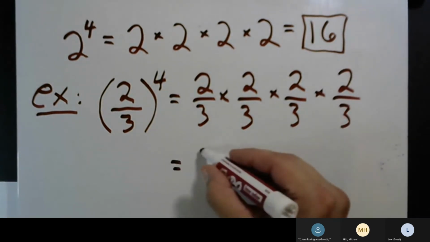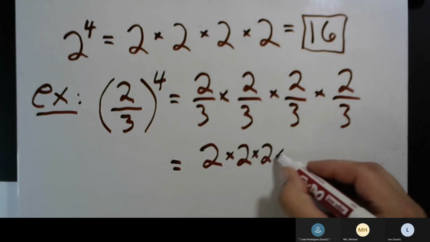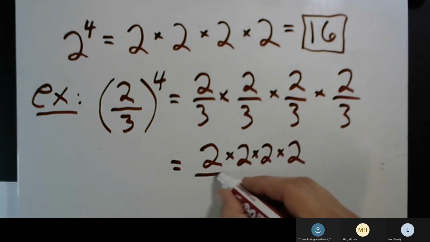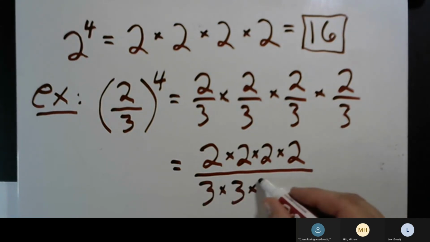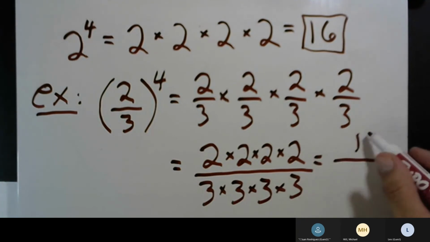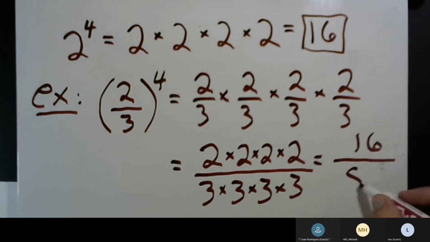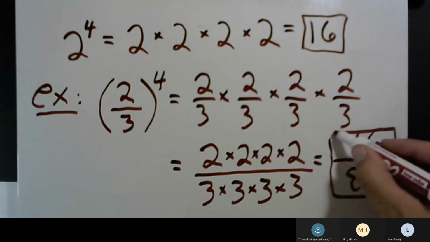You're going to multiply all the numerators together, and you're going to multiply all the denominators together. And this will come out to 16 over 81.